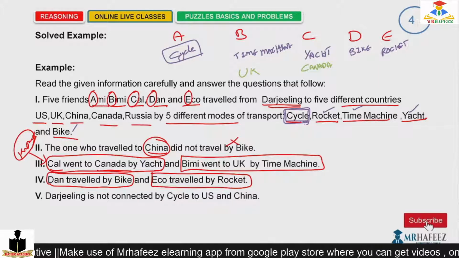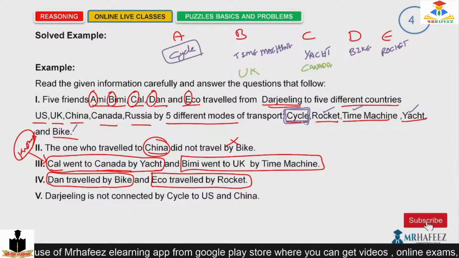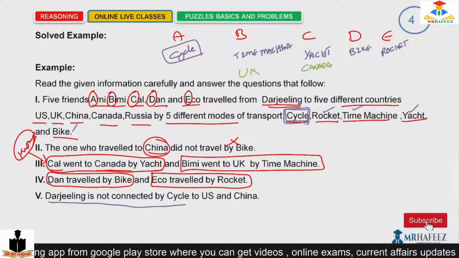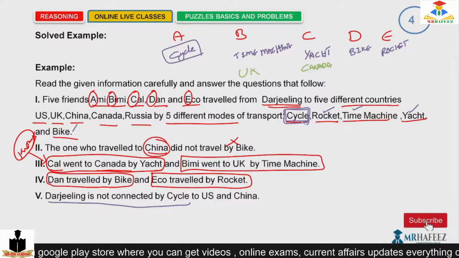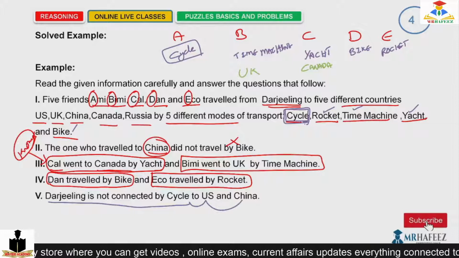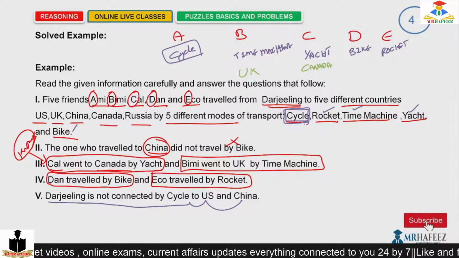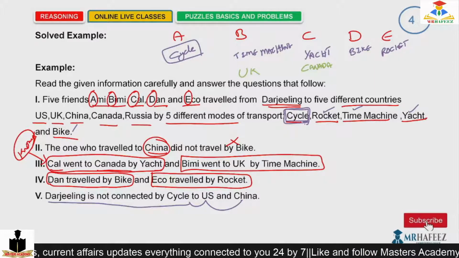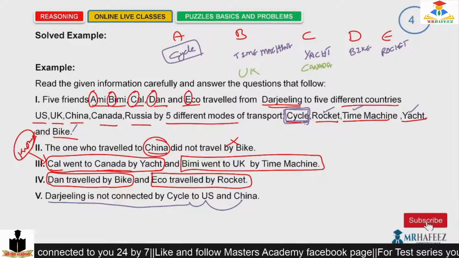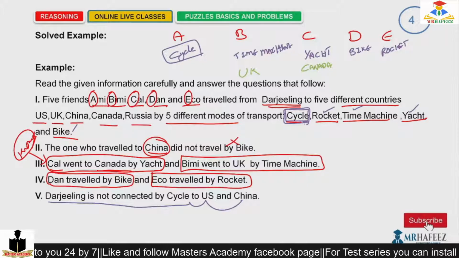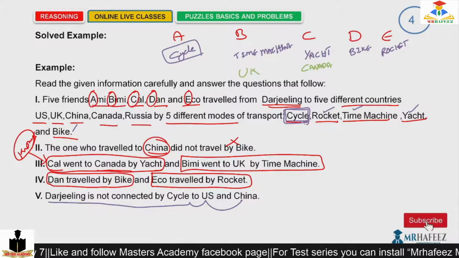Now the next one: Darjeeling is not connected by cycle to US or China. So the one who is going by cycle is not to US and not to China. So other than China and US, there will be Russia.